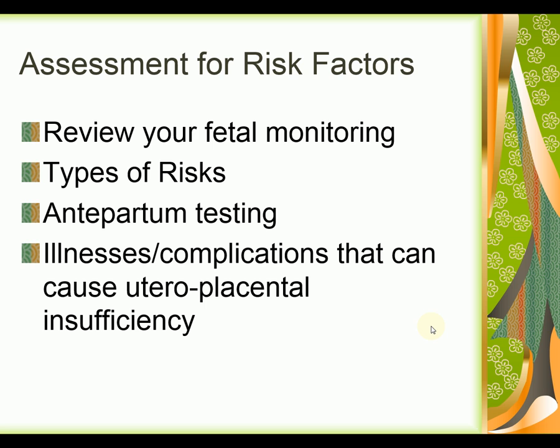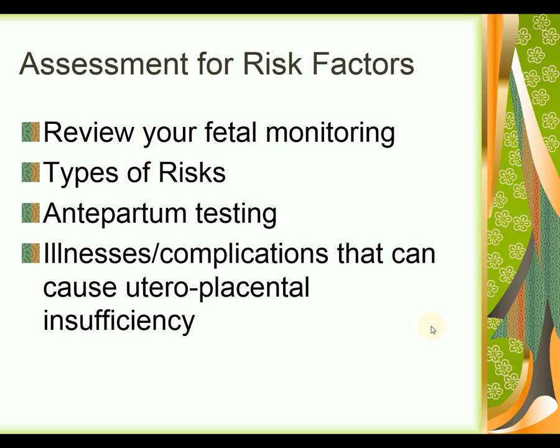So first thing you really need to do is kind of review your fetal monitoring, be able to tell your variability, accelerations, types of decelerations, what complications you would expect to see, what type of deceleration. That's why we started looking at the fetal monitor. It's really not to just tell us what our fetal heart rate is and what our uterine contractions are.